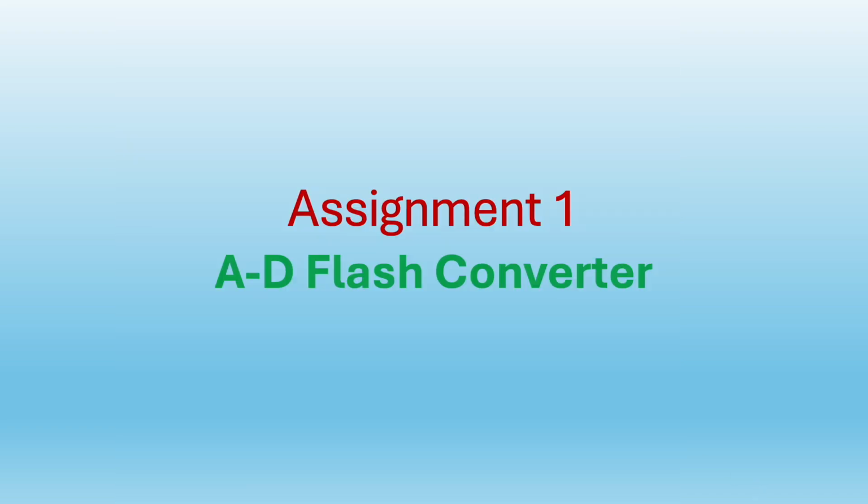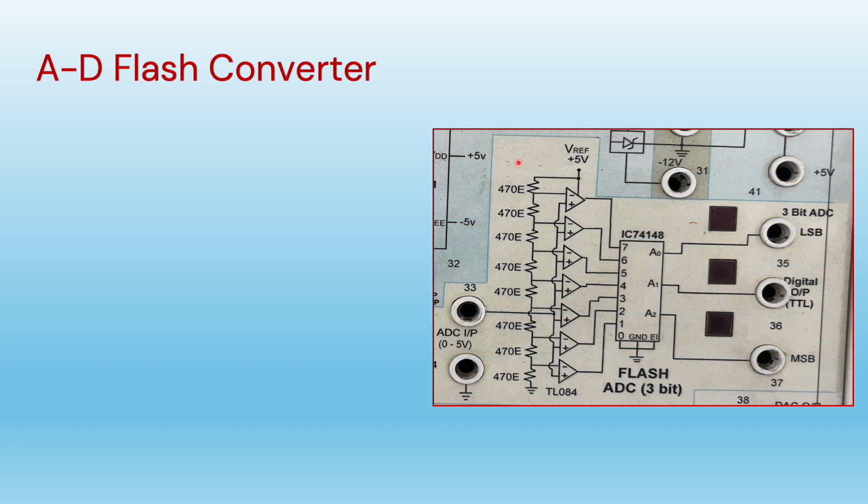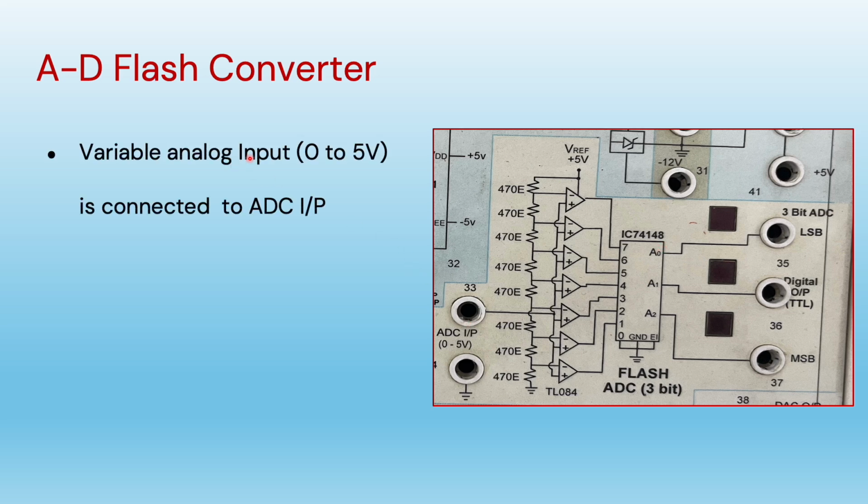Now this is the first experiment, A to D flash converter circuit. A to D flash converter basically converts analog signal to digital signal, and this is the flash converter IC 74148. The variable analog input is connected to this pin, ADC input 0 to 5 volts.